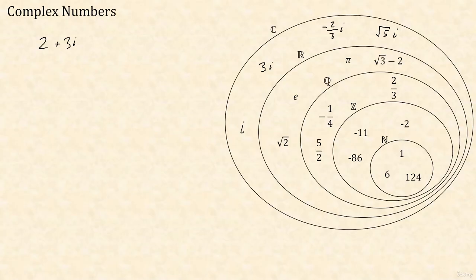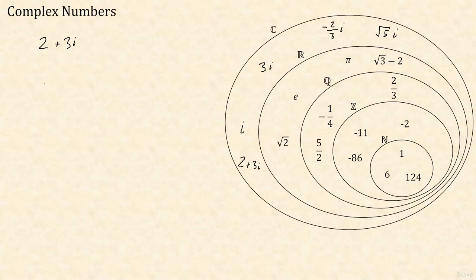That's a complex number, just like root 3 minus 2 is a real number. It's irrational, but it's a real number. We can have combinations like this. So our complex numbers are just the set of all numbers that have potentially a real part, but definitely an imaginary part. In fact, complex numbers includes everything. So technically, 2/3 is a complex number. It's just one that has no imaginary part.